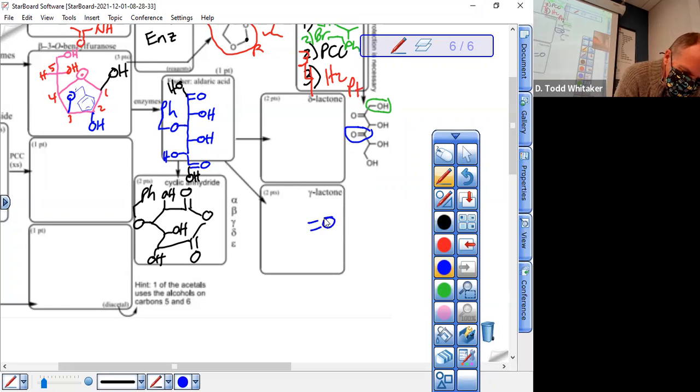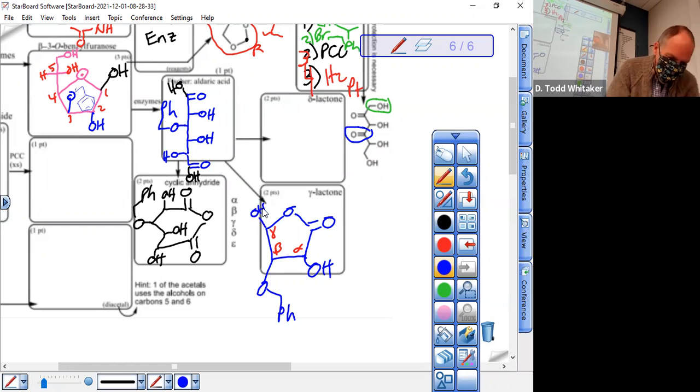And same ideas about stereochemistry. Alpha, beta, gamma. So what's on the alpha position? Alpha is an OH. Beta was the OCH2 phenyl. Gamma is an OH.